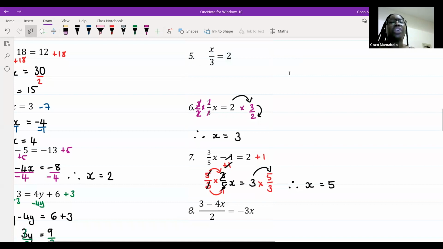I think I understand how we multiplied by 3 on this side. So you multiply the denominator on both sides. Exactly. Okay, great. And that's how our answer ended up as 6. This makes sense. Yeah. Okay, excellent.